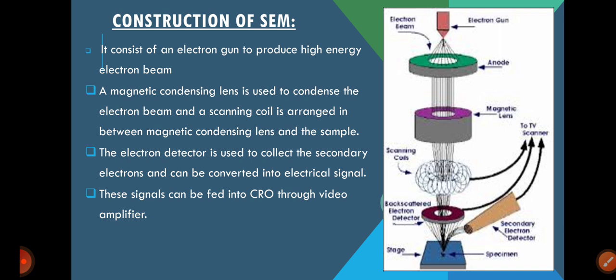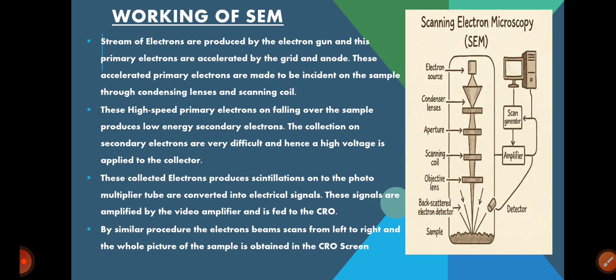This is the construction. Now, after seeing this construction, let us see how it works. Working of the scanning electron microscope. In this diagram, let us see how all these components work in the SEM. Firstly, we keep an electron gun or an electron source. A stream of electrons is produced by the electron gun, and these primary electrons are accelerated by the grid and anode.